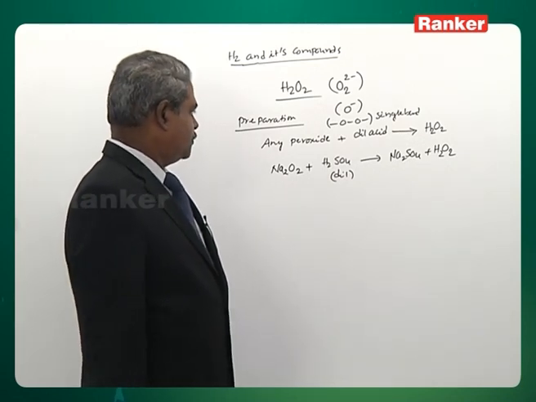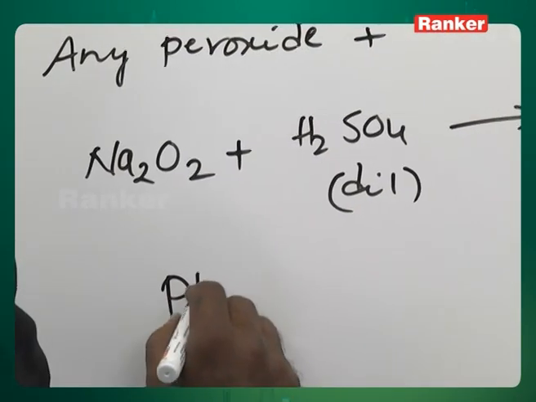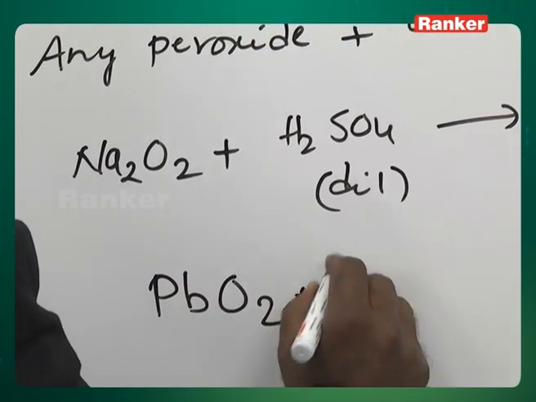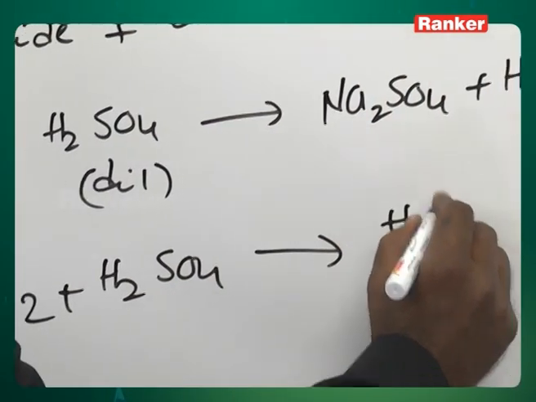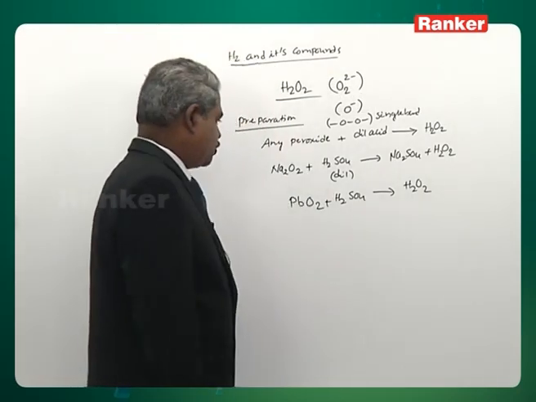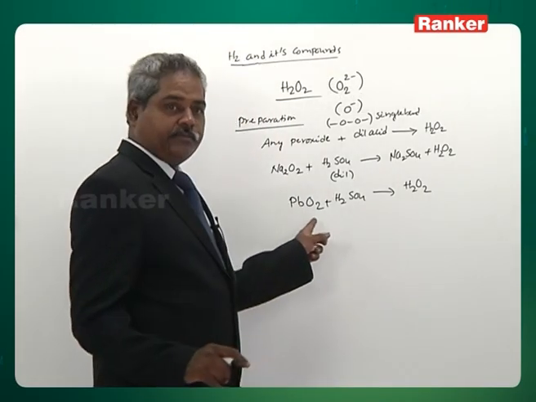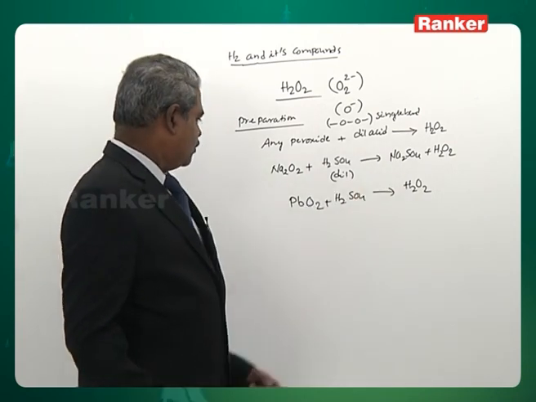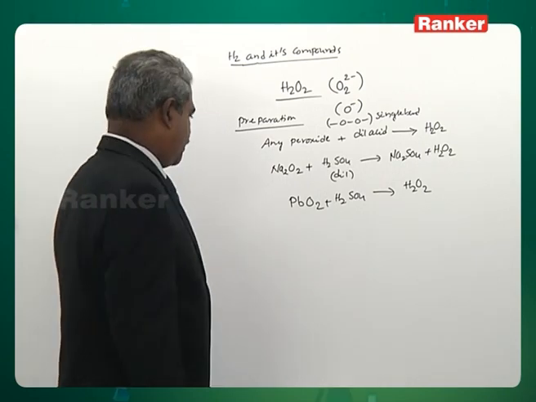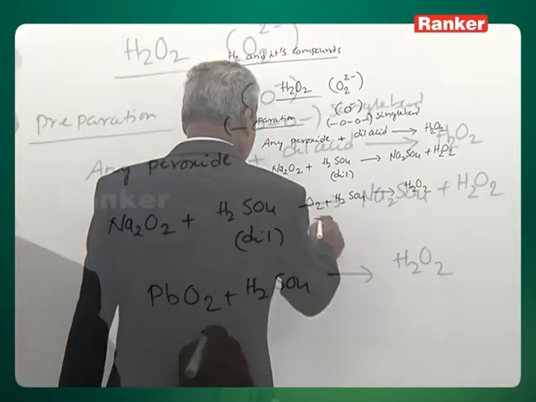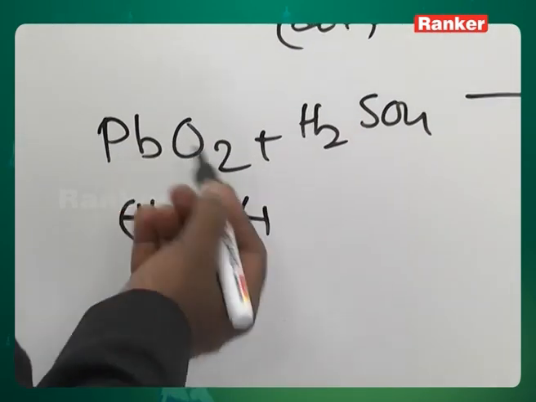H2O2. PbO2 plus H2SO4. Will you get H2O2? You will if this is a peroxide. But is PbO2 a peroxide? Let us see. Give minus 2 to oxygen, minus 4. Lead is plus 4. Therefore, it is not a peroxide.